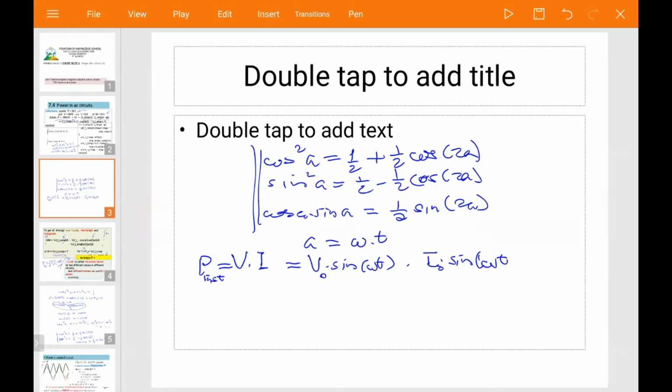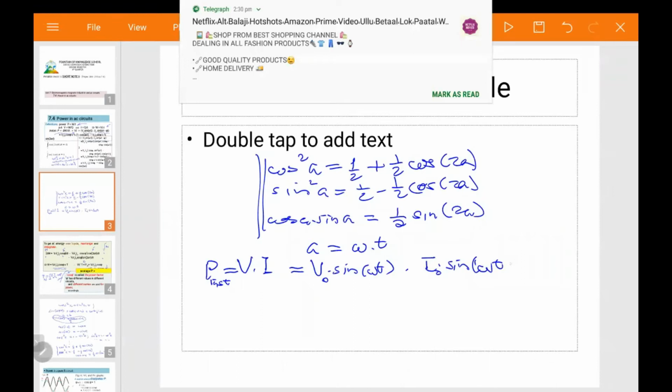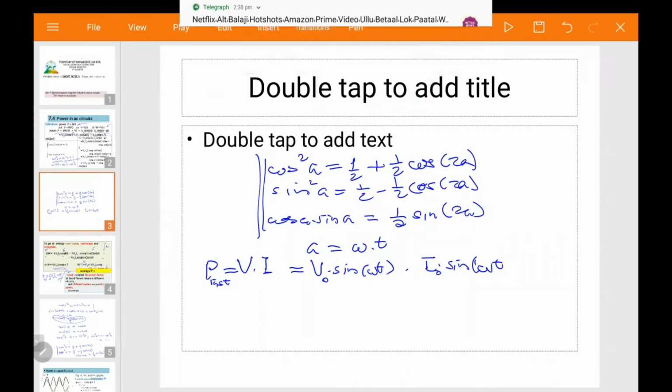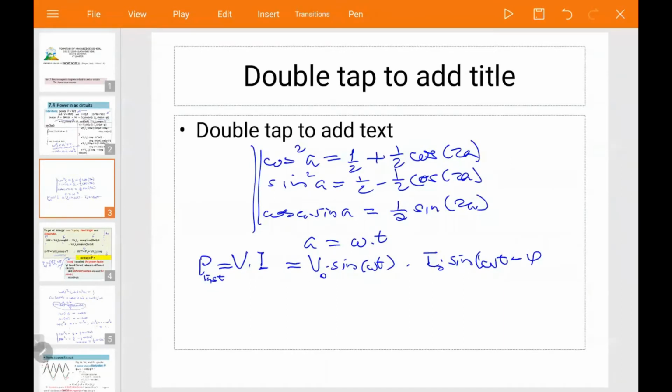So what do we do here? There is a simple mathematical formula. Write down for voltage sine omega t, for current sine of omega t minus phi. Do we make it minus or plus? It doesn't matter. For an inductive circuit it's minus, for a capacitive circuit it's plus. So it doesn't matter as long as we don't know which is which.